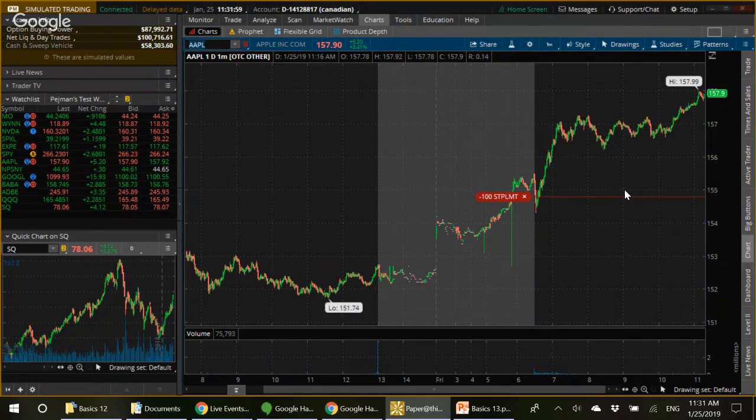The majority of traders, especially newbies and novice traders, know this sort of stop loss implementation and execution. What they're not aware of is that a stop loss can also be used for purchasing stocks, for buying stocks. Even though the name is a little counterintuitive, when you say stop loss purchase, what do you want to stop?